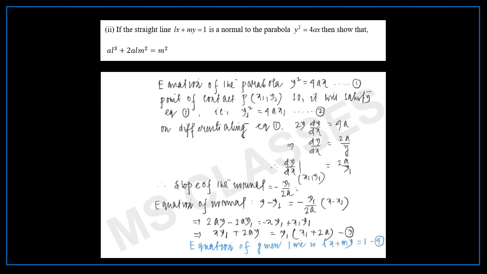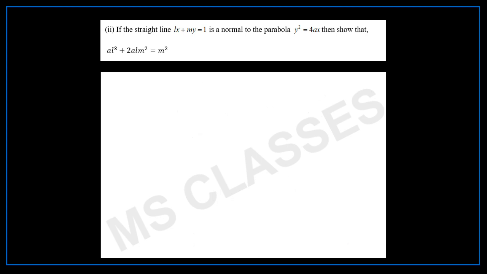Now, if we compare 3 and 4, on comparing equation 3 and 4, we get y1 by L equal to 2a by m equal to y1 into x1 plus 2a by 1.